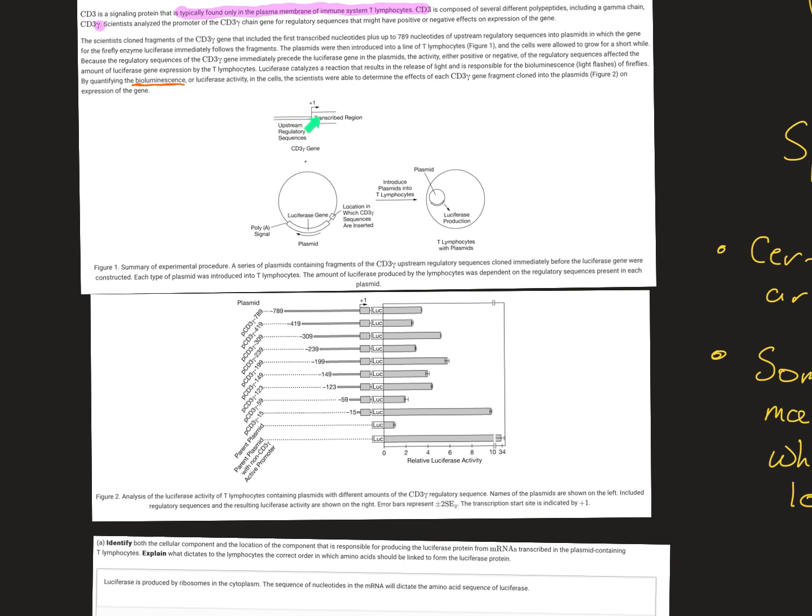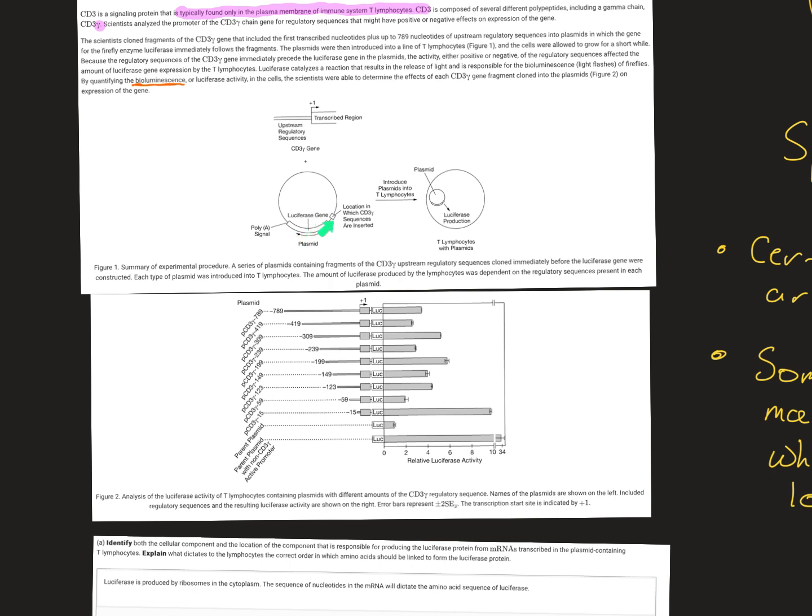The DNA is going to start to get turned into mRNA. So they take that part and they put it in the plasmid. It's a round DNA. And they have the location in which the CD3 sequences are inserted. So this is where you're going to insert it. Here you have the luciferase gene. So this part is put in right here.